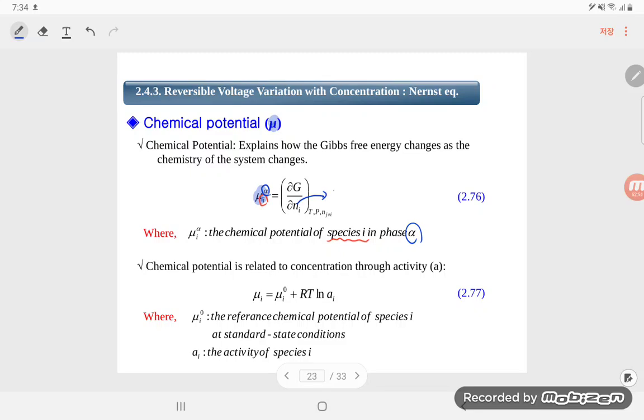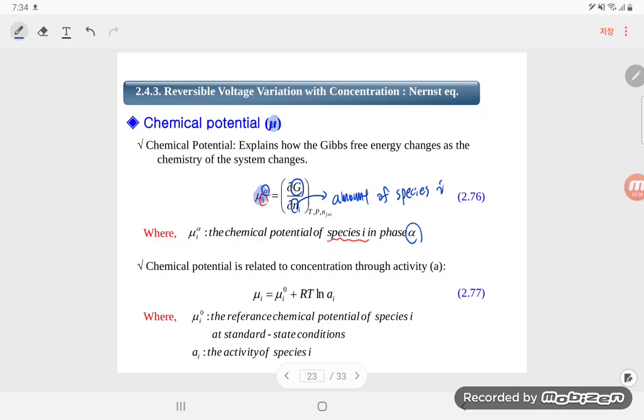This is moles, the amount of species i. If the amount of species i changes, then how much the Gibbs free energy will be changed. That is the chemical potential.